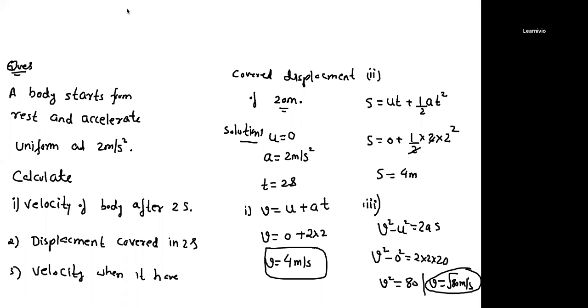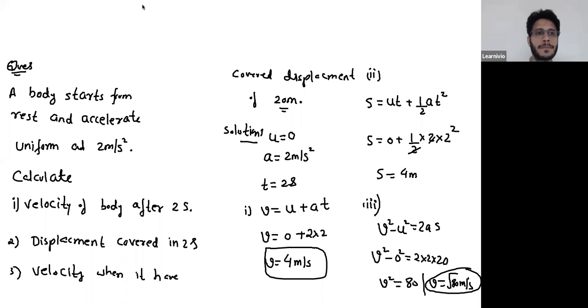Sir, are we supposed to simplify root 80? Yes, Fazil, that's not an issue. You can leave it as root 80, or if you want, you can simplify it. This is 4 into 20, that will be 4 root 5. Even if you leave the answer like this, no one will deduct any marks.